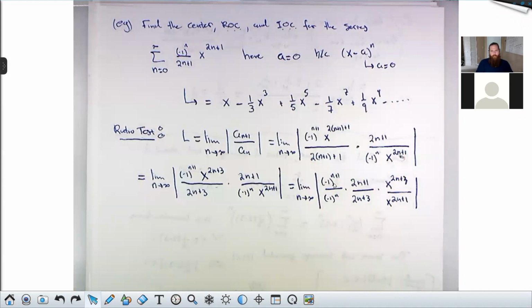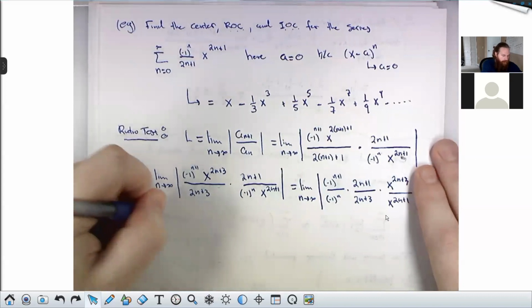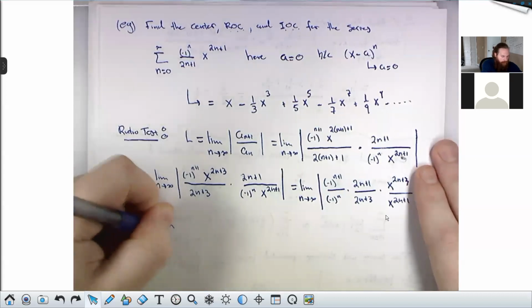Everybody with me so far? This is negative 1. This has limit 1. This is x squared. So I'm just going to do the algebra at this step. I won't do any of the limit taking.